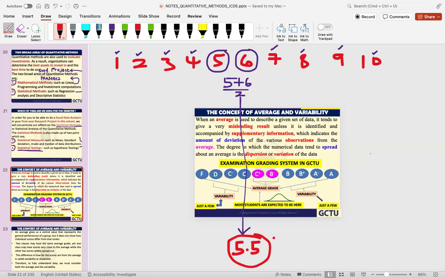This 5.5 has several names in life. Some call it the balance point. Now, if you go to those who do engineering, some call it the pivot.